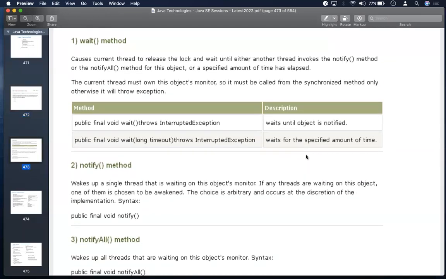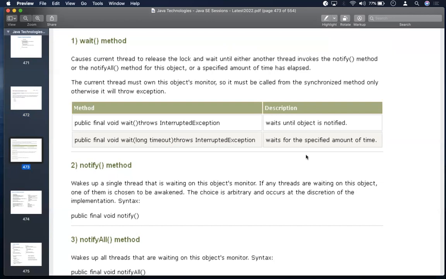Whenever a wait method is called, what happens? The current thread, which is executing the critical section, will release the lock and wait until another thread notifies it, by using the notify method or notify all method.